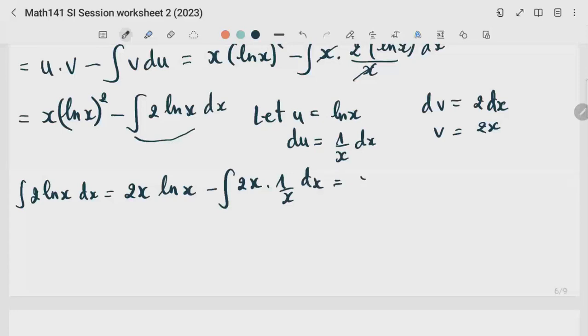The x can simplify, so there's a 2 left, and the integral of 2 is just 2x, and that should be our answer.